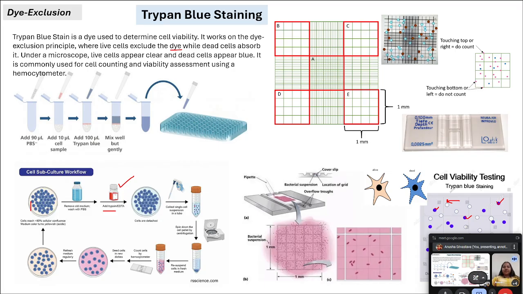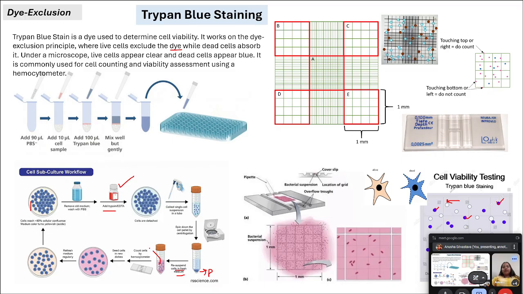Once the cells are detached, you make a single cell suspension by mixing it, then you centrifuge it to get a cell pellet. Once you get the cell pellet, you again resuspend this cell pellet in fresh media.